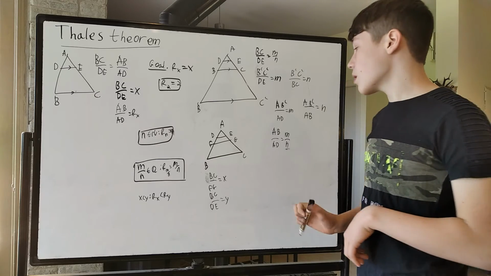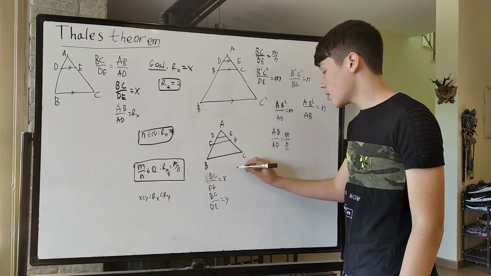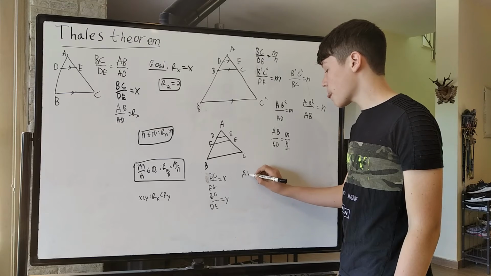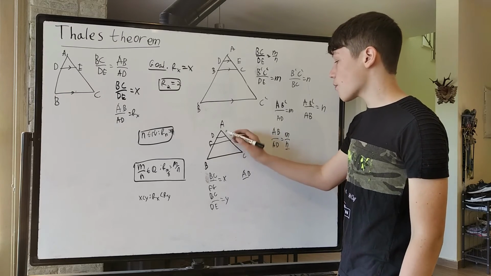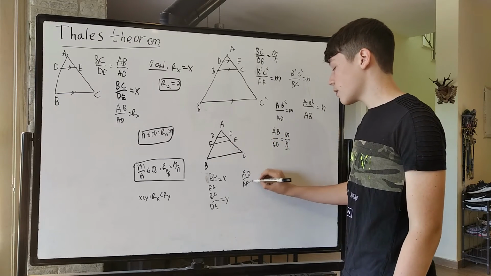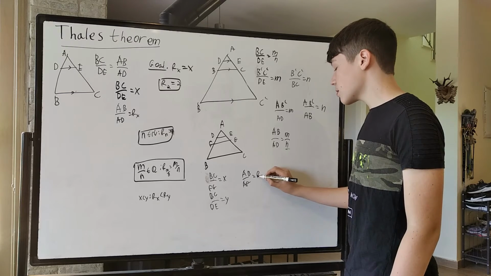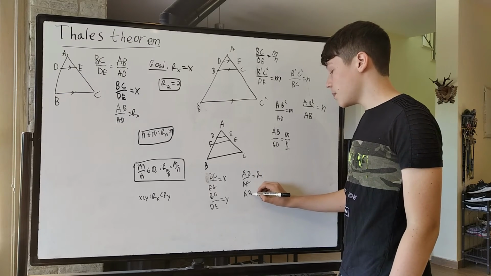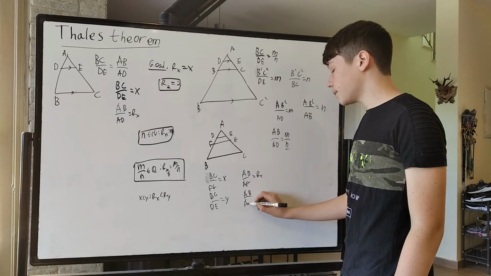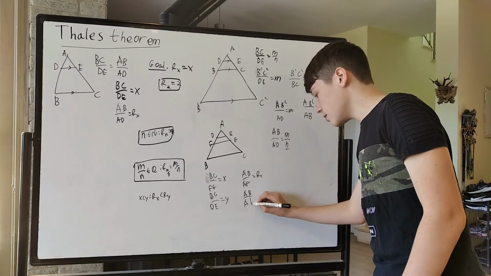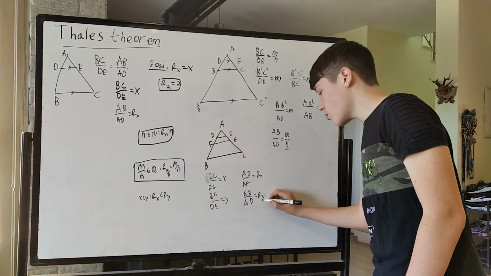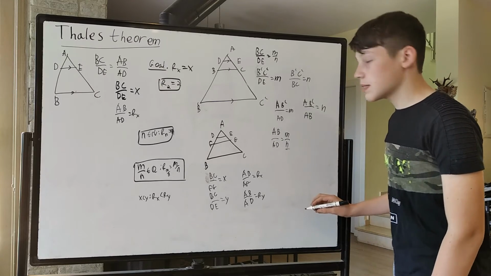But now let's look at what is our Rx. We know AB over AF is equal to Rx, and AB over AD is equal to Ry. Now, let's see.